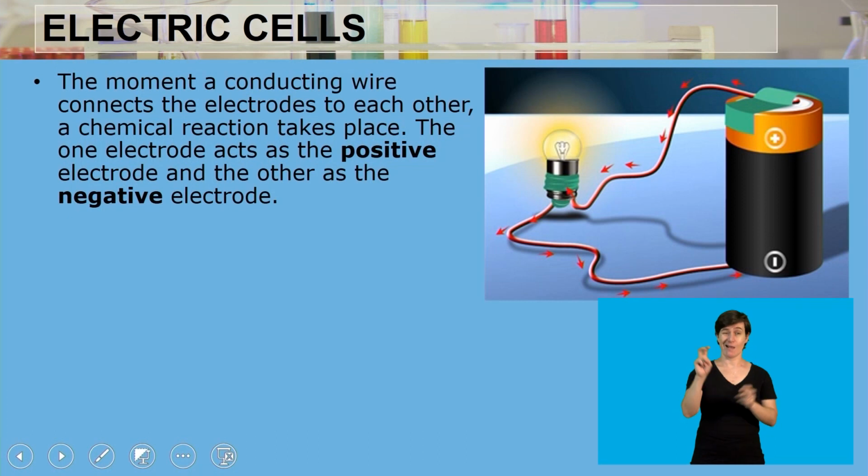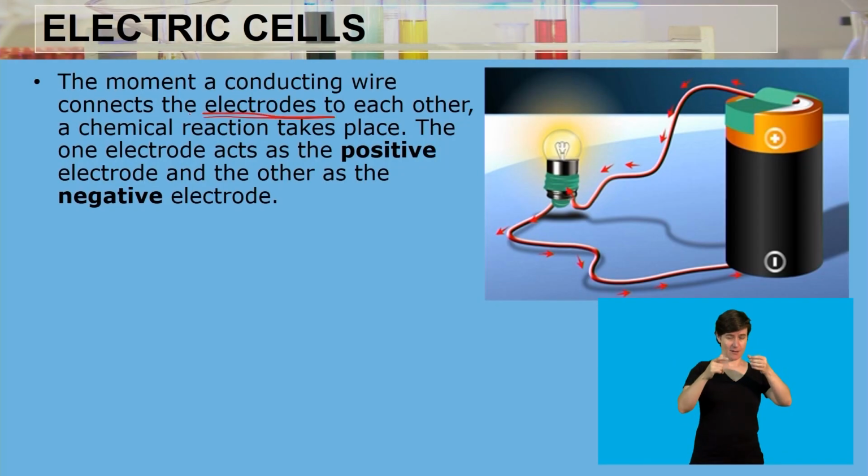Now with that said, continuing with the electric cells, the moment a conducting wire connects the electrodes, remember, the electrodes are metals. We used an example of a zinc electrode and a copper electrode. The moment we connect the two electrodes with a metal wire, a chemical reaction is going to take place.